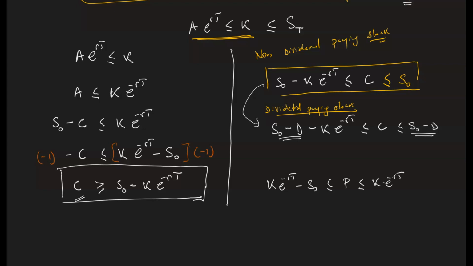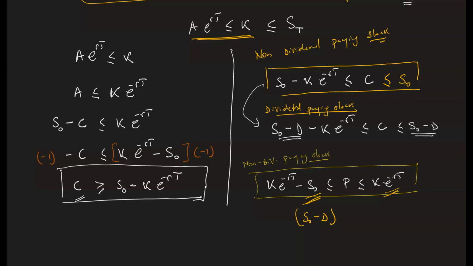Those would be the boundaries for a non-dividend paying stock. And of course, whenever you're working with a dividend paying stock, all you need to do is make that adjustment for S0, so S0 minus D. No adjustment would be made up here because there's no stock price value there.